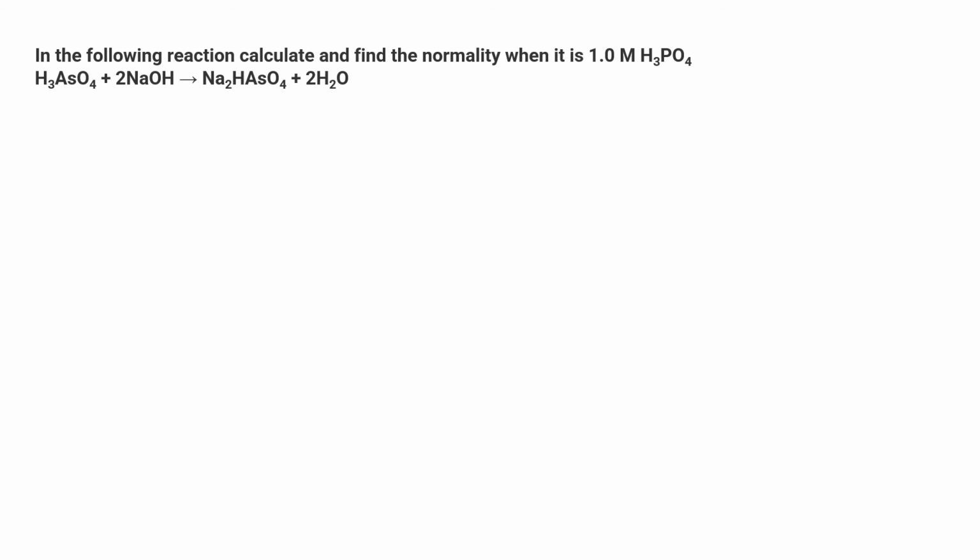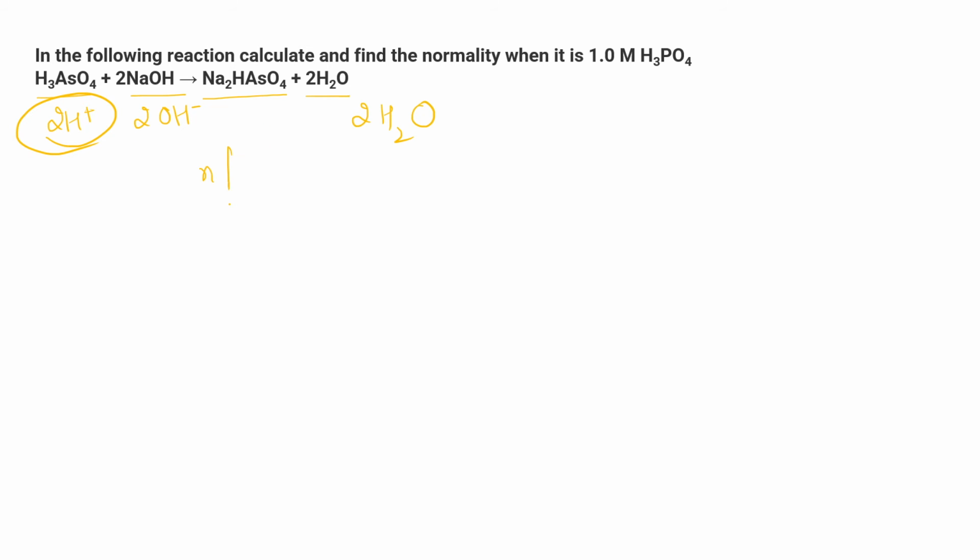Let me explain this with an example. Here you can see arsenic acid is reacting with sodium hydroxide and forming sodium hydrogen arsenate with two molecules of H2O. So here 2H plus from this arsenic acid and 2OH minus reacted to give 2H2O. Only 2H plus reacted.